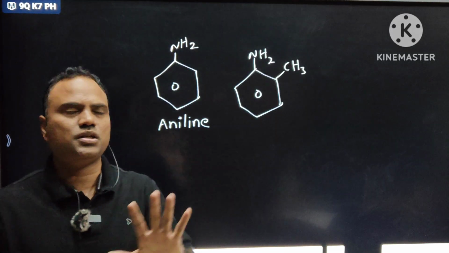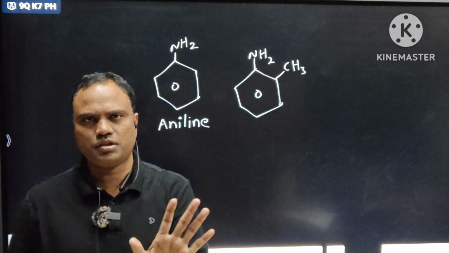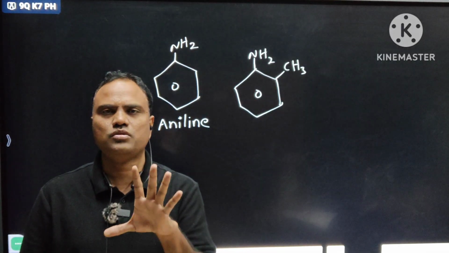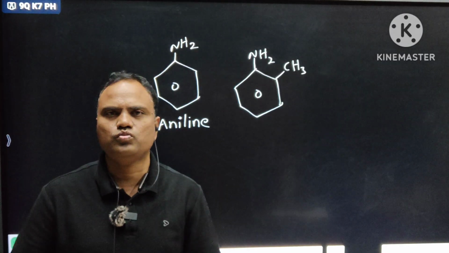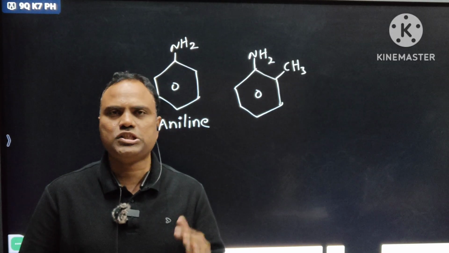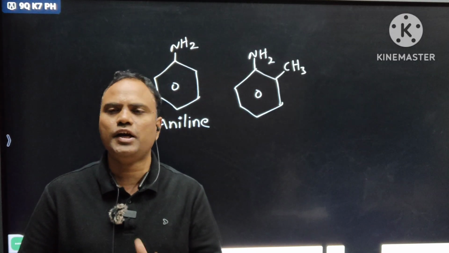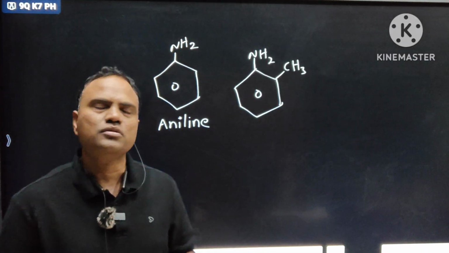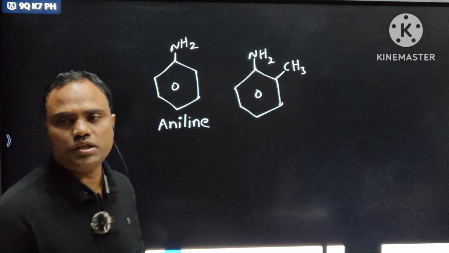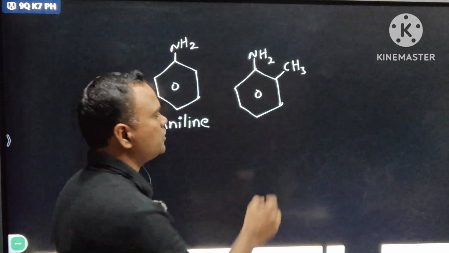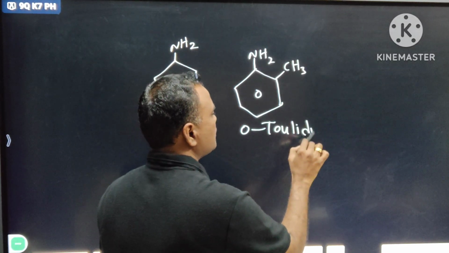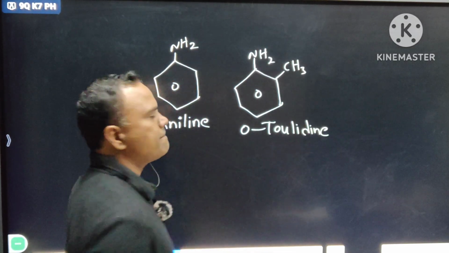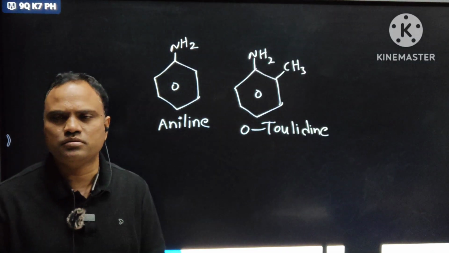See, if benzene contains only NH2, that is aniline. If benzene contains only CH3, that is toluene. So mixing of these two: benzene with CH3 is toluene, benzene with NH2 is aniline. Mix the two and write the common name: toluidine. Orthotoluidine, metatoluidine, paratoluidine.